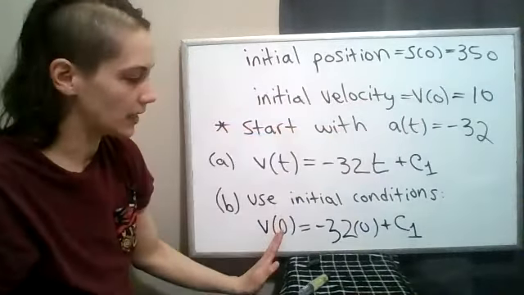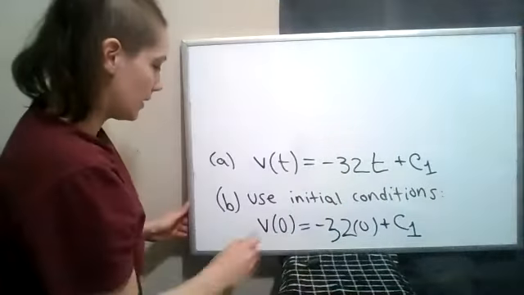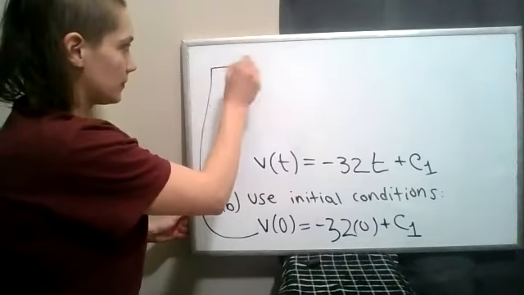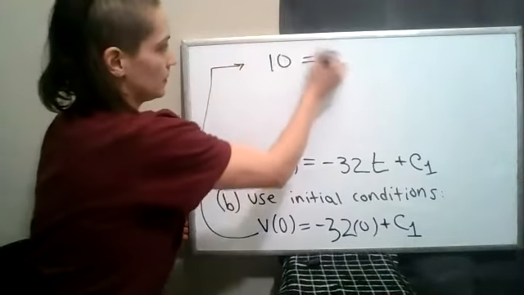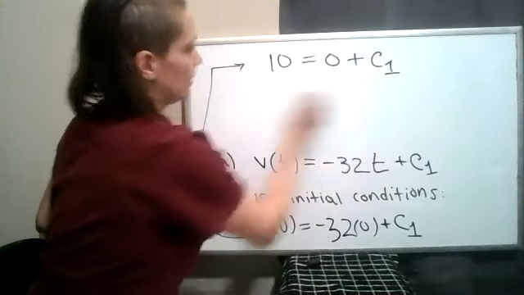On this side, we just simplify. Okay, I got 10 as c sub 1. v of t is negative 32t plus 10.